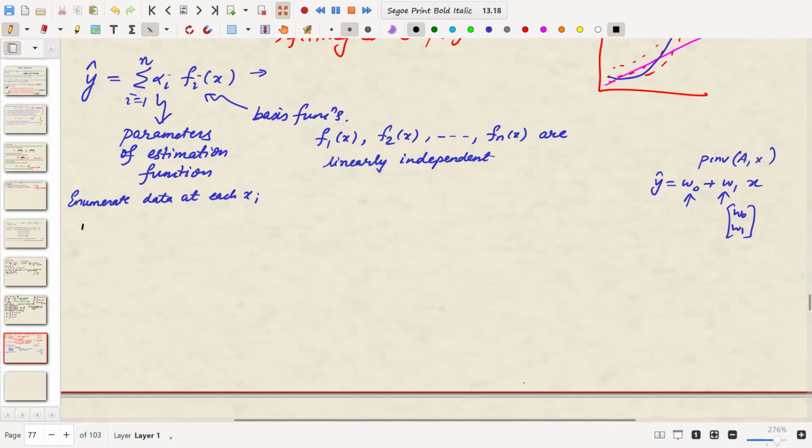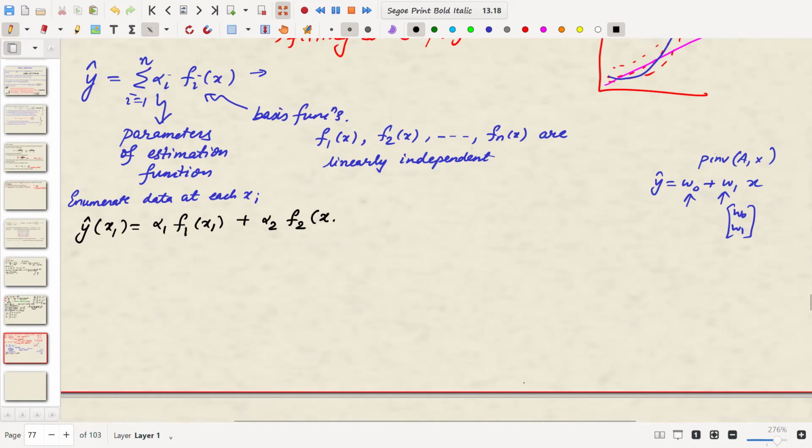Y hat at x1 should be alpha 1 f1(x1) plus alpha 2 f2(x1) plus so on up to alpha n fn(x1).